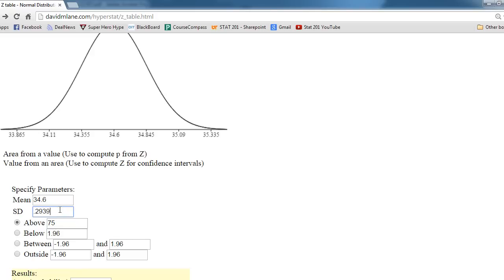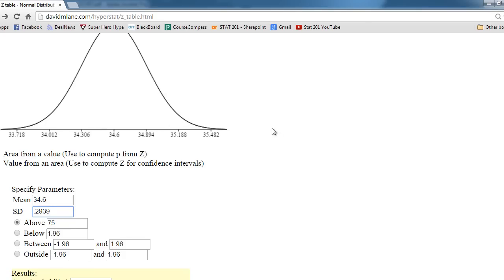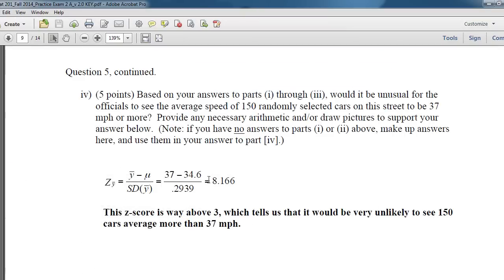I would draw this out on the test. I would always draw these. Now we see here the observation of 37, which goes way off here. That's very unusual. The area above 37 is going to be very, very tiny. It is saying 0. And the z-score once again is observation minus mean over standard deviation, and this is more than 8 standard deviations away.